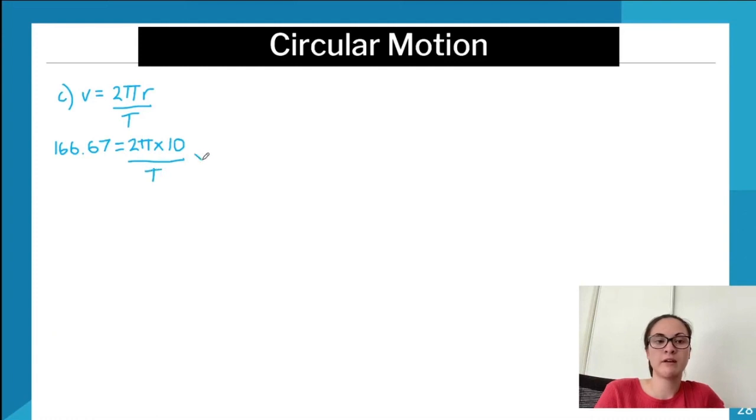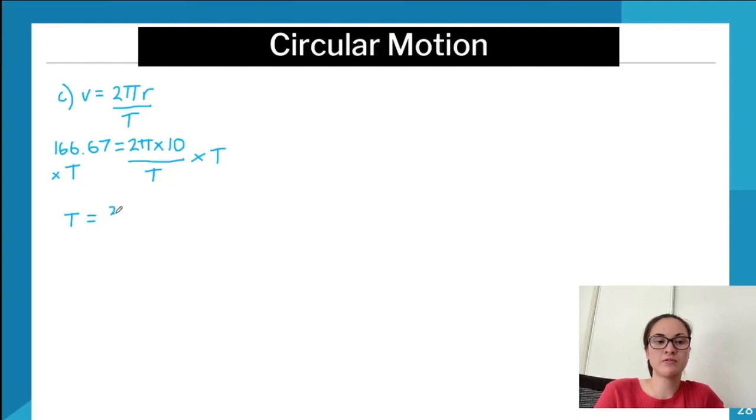So now we multiply both sides by the period, our unknown variable. But now we need to divide both sides by 166.67 to get the period by itself.